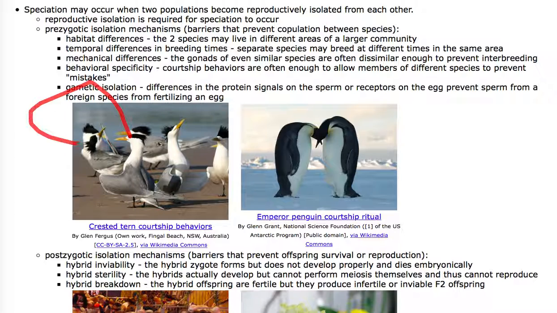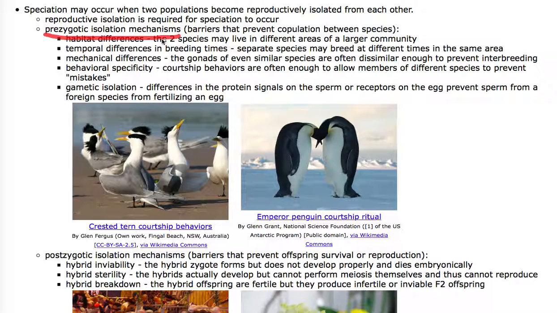This entire set here of evolutionary forces that keep species apart are called prezygotic isolating mechanisms. They're prezygotic, meaning they occur before species actually reproduce, and they keep species from reproducing with each other.